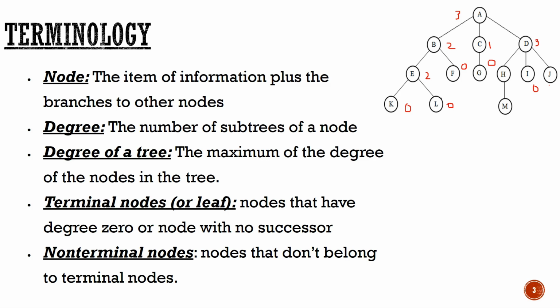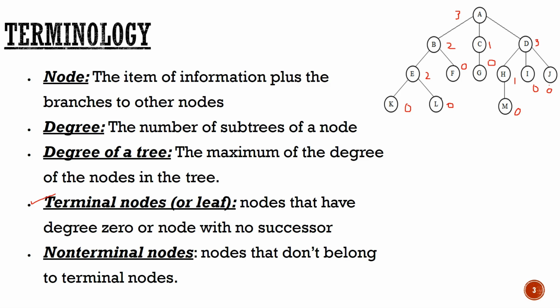Degree of H is 1 because M is present over here, right? Degree of J is 0 and degree of M is 0.